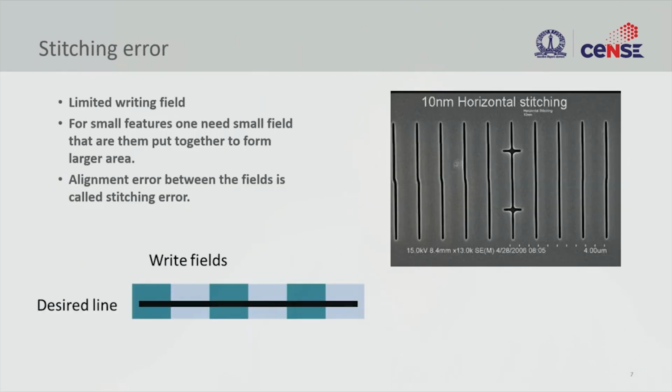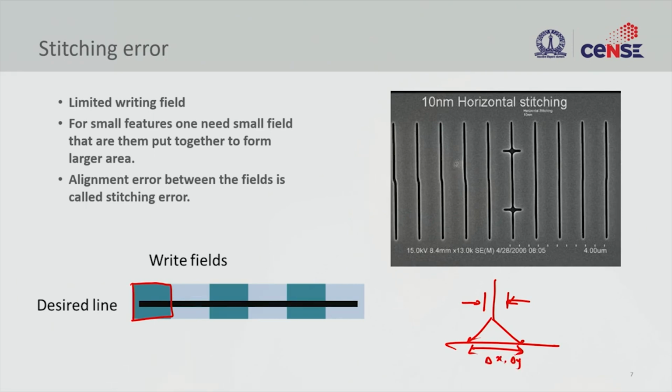Before you write it, the design tool will help you do this position dependent dose optimization. The next undesirable thing is the stitching error. What is stitching error? Because we are writing, we cannot write the whole wafer in one go, because the deflection region is fixed. If the beam is coming and this is a wafer, I only have a deflection range of delta x and delta y in the other direction as well.